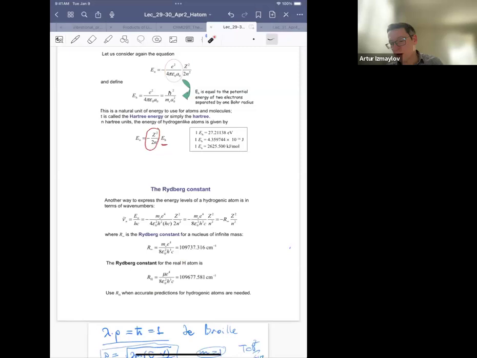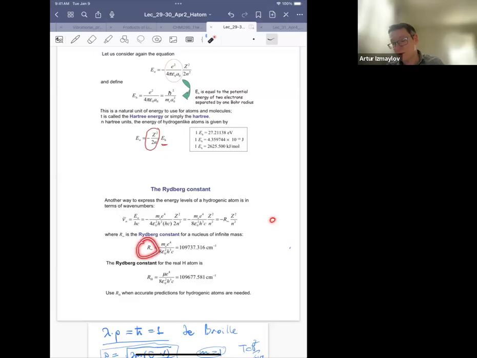The difference between them is that in the beginning, we assumed that the nucleus is static for solving the hydrogen problem. That was the Born-Oppenheimer separation. And this effectively could be thought of as an infinite mass of the nucleus.